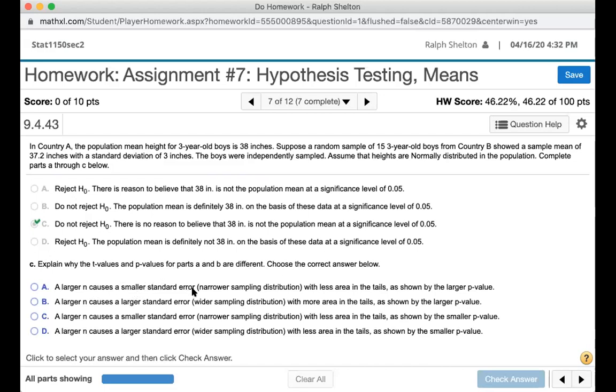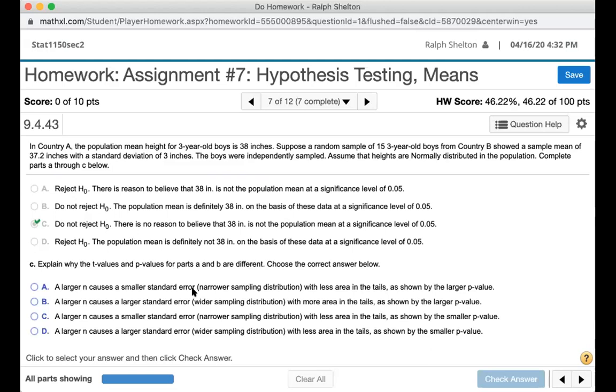That's true. The formula for standard error is the sample standard deviation divided by the square root of n. So if n gets bigger, the square root of n gets bigger, but we're dividing by that. So the standard error gets smaller when n gets bigger.